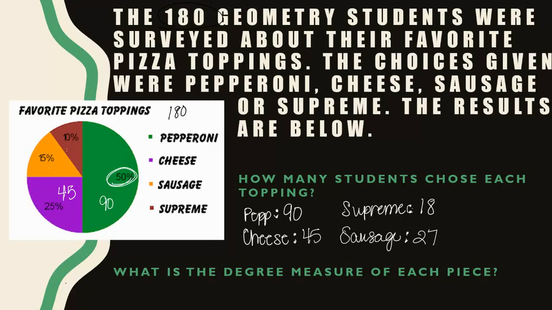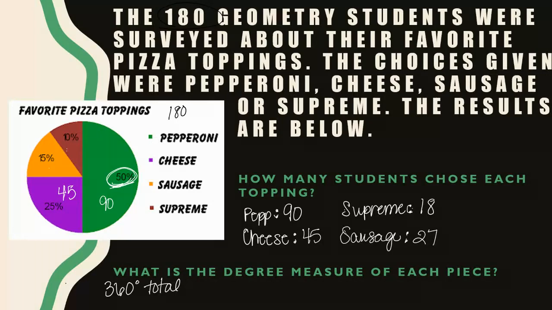Now the other question here is, what is the degree measure of each piece? Okay, remember that every circle has 360 degrees. That's the total amount of degrees in a circle. I'm going to take these percentages just like I did with 180, and I'm going to multiply them by 360.